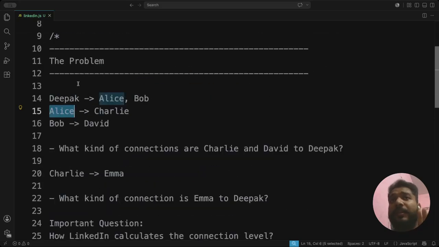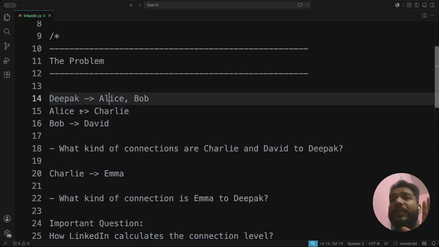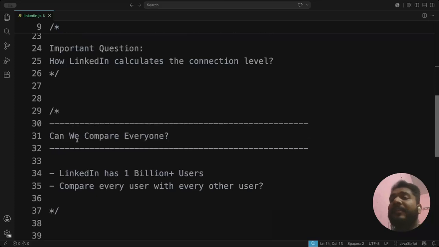For example, you can compare Alice with Charlie, Charlie with Bob, Charlie with David, Alice with Emma, Bob with Alice, Bob with David, Bob with Charlie, Bob with Emma, etc. But do you think this is the optimal solution? No. Why? Because LinkedIn has billions of users, and comparing every user with every other user is not optimal. We need an optimal solution here.